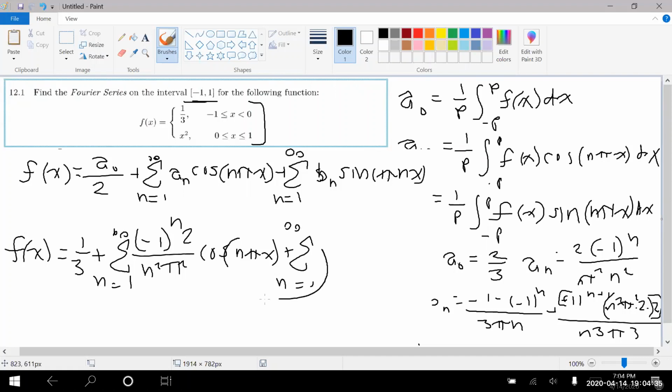I'm going to start it on this next line because our b sub n is kind of long for this one, and I don't think I can fit it all in.